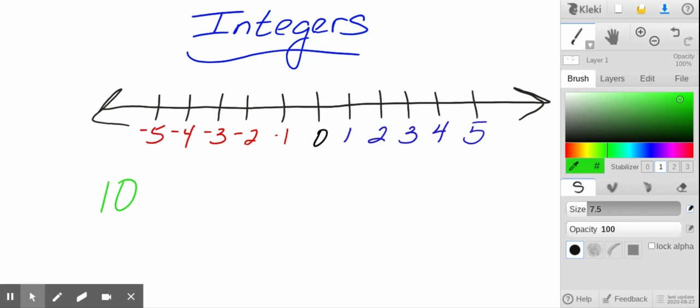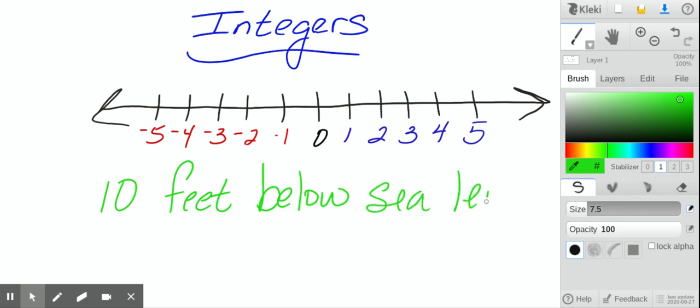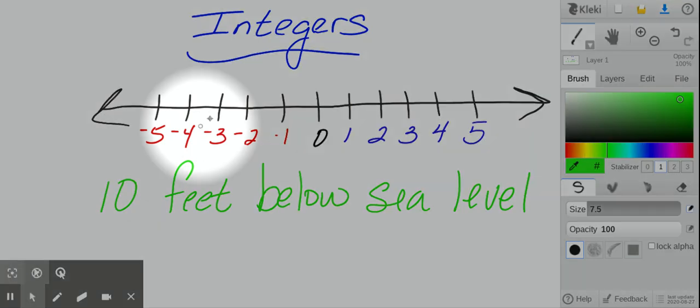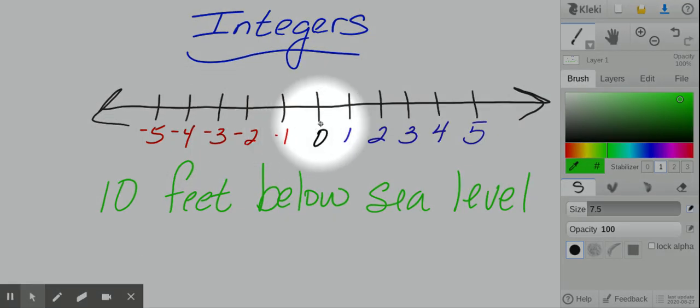Well, sea level is going to be at 0, right? So if we're looking at our number line here, this 0 is representing sea level.